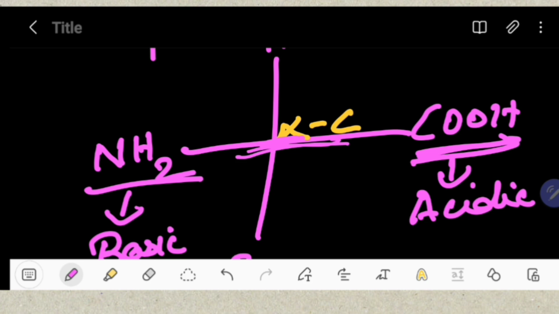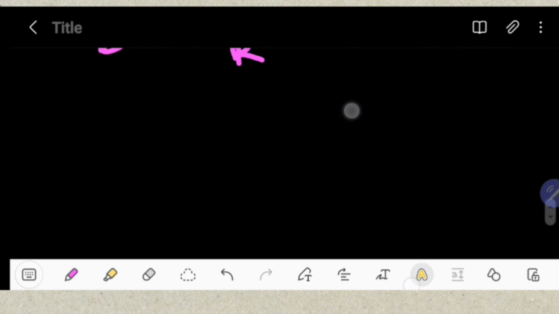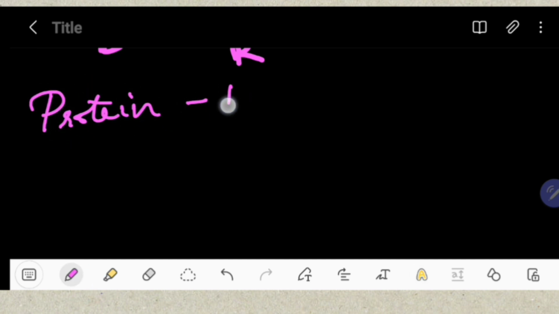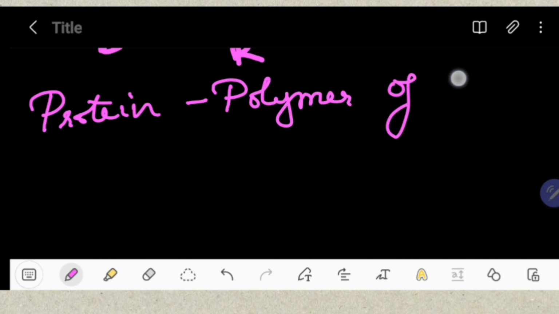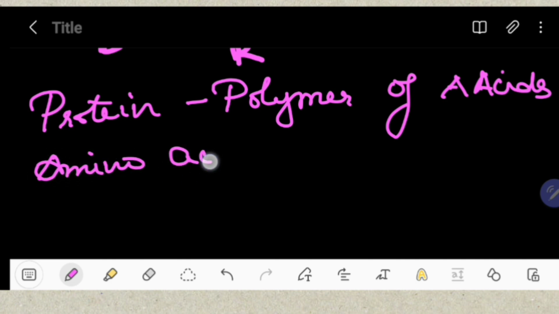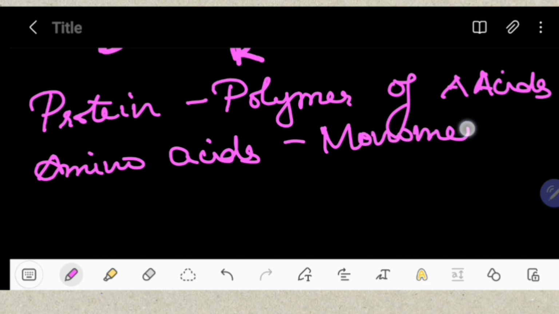Now, when these alpha amino acids combine together, you form protein. Protein is the polymer of amino acids, or you can say amino acids are the monomers of proteins.